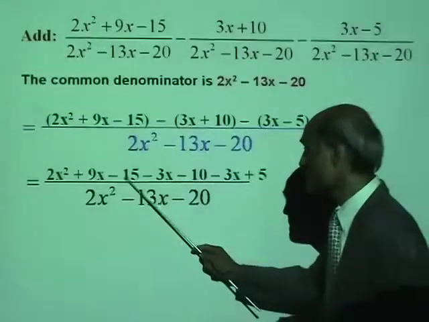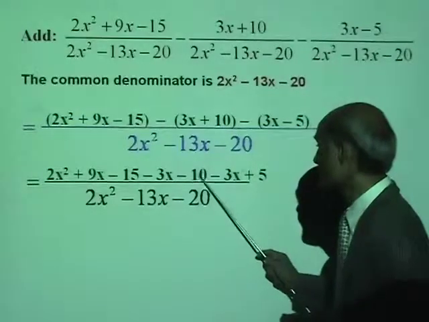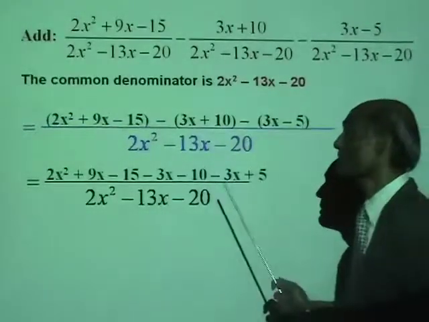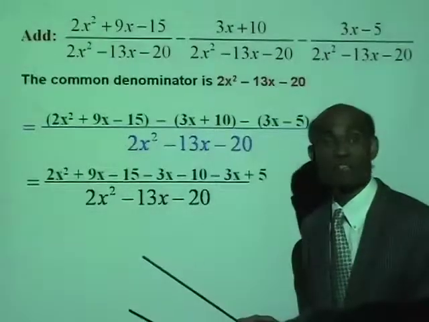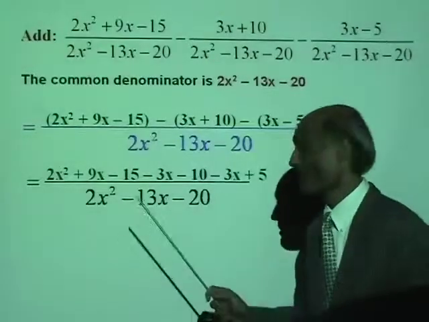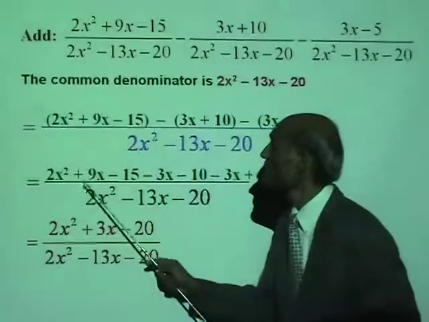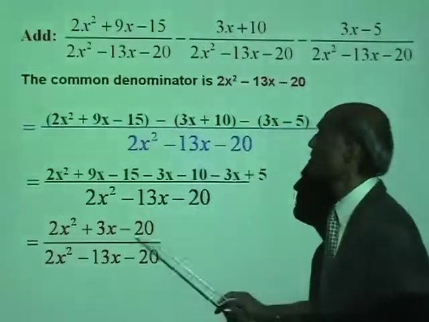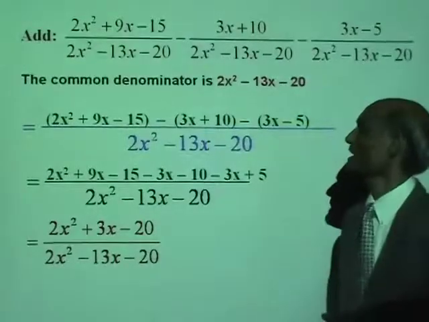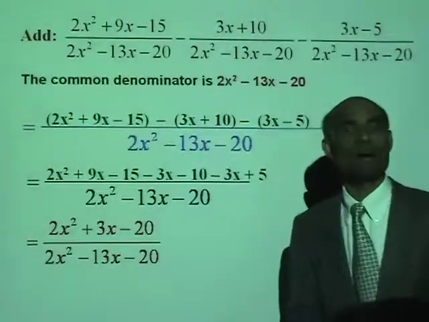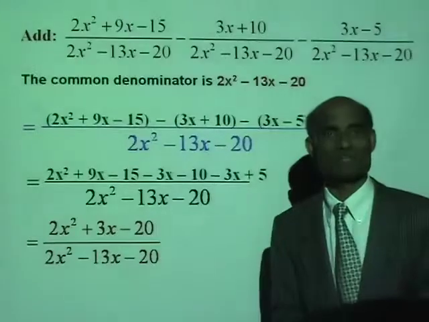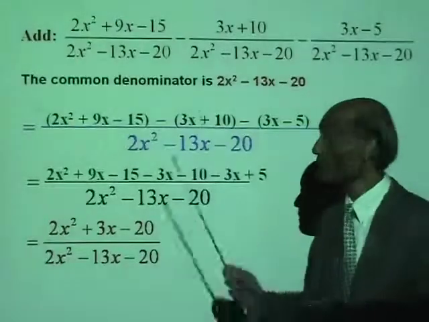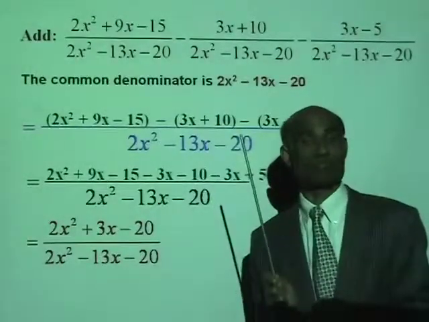Alright. Minus 15 minus 10 plus 5 will be a negative 20. Is that right? Okay. So that will be 2x squared plus 3x minus 20 over the denominator 2x squared minus 13x minus 20. Alright, I hope you understood the method we used.